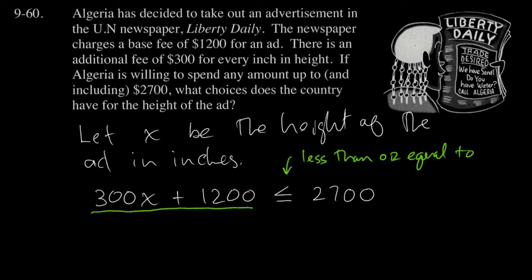So there's an upper constraint here. We've constrained the cost of our ad. It can be no more than $2,700. Less than or equal to means it can be no more than $2,700.